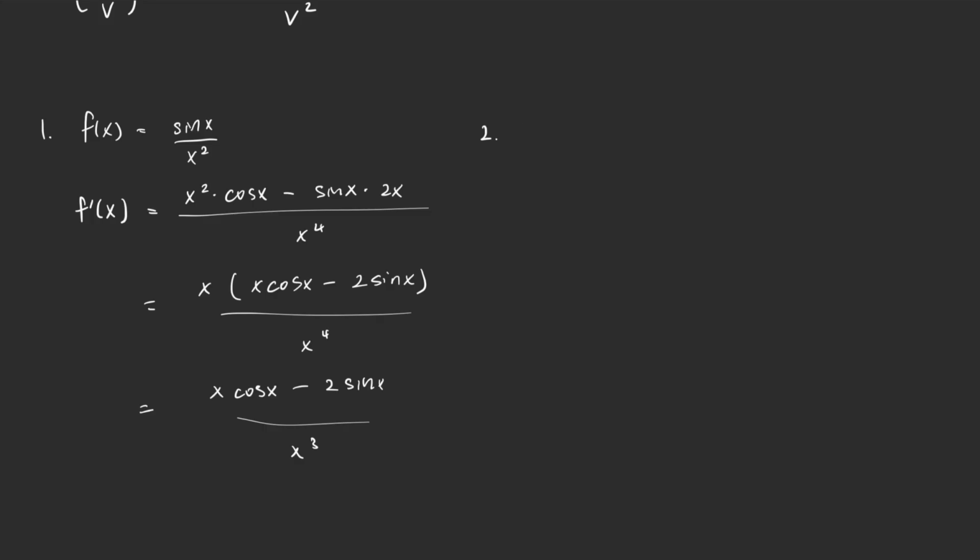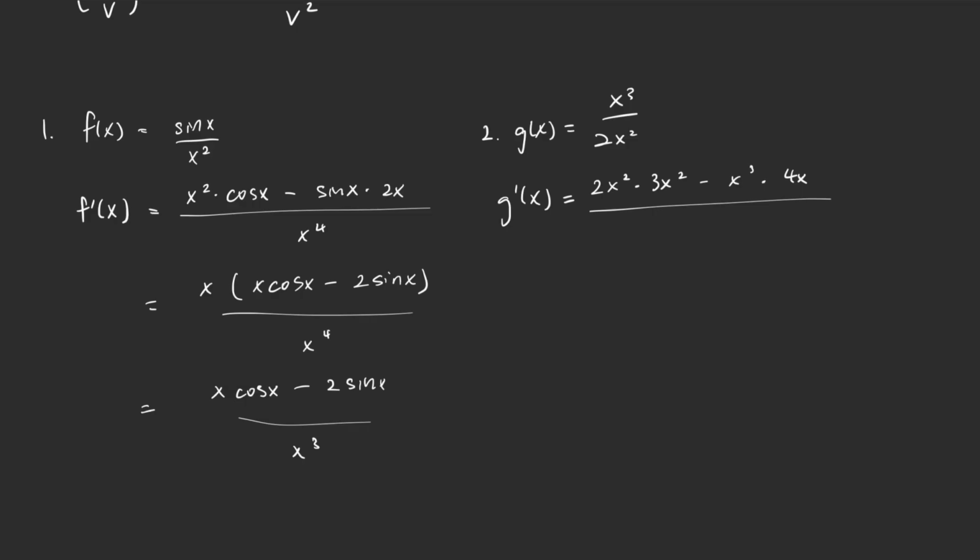So we had g of x is equal to x cubed over 2x squared, and something like this. Well, the derivative is high d low. Sorry. Well, the derivative is low d high. So low d high minus high d low all over low squared, which is 4x to the fourth.